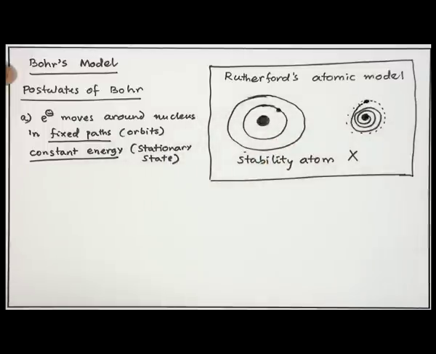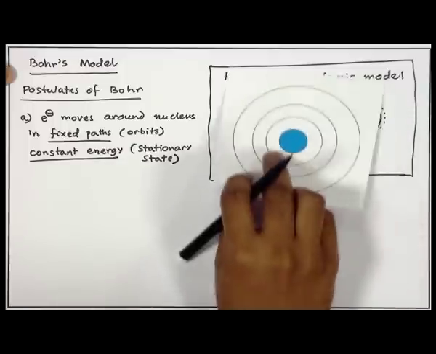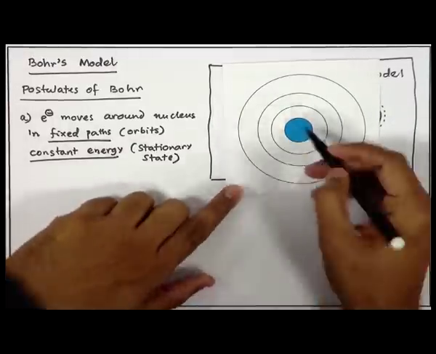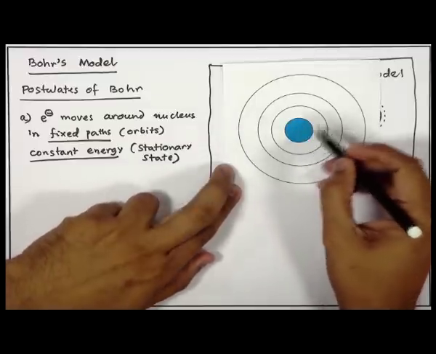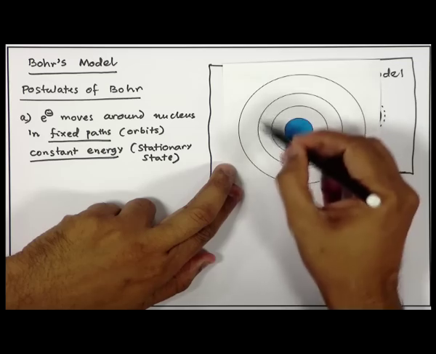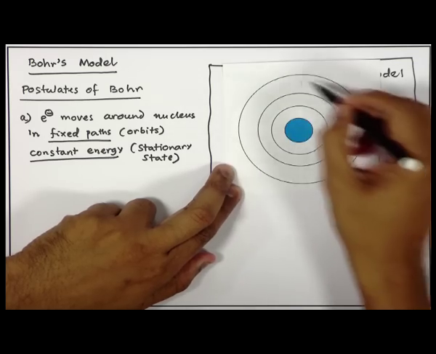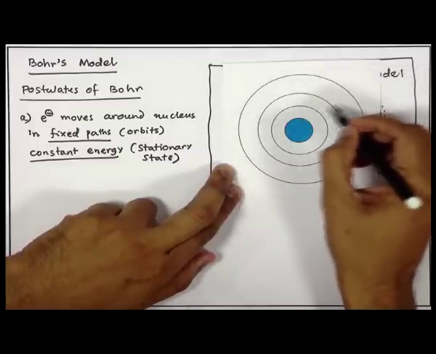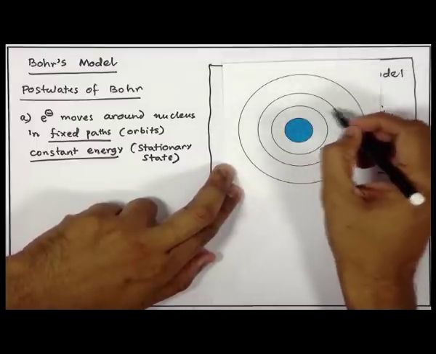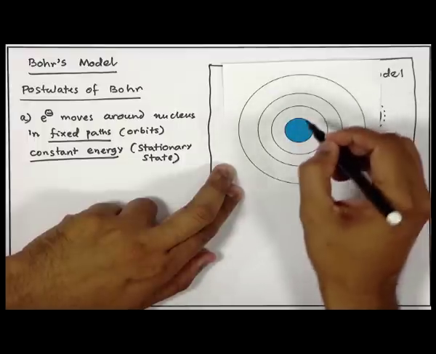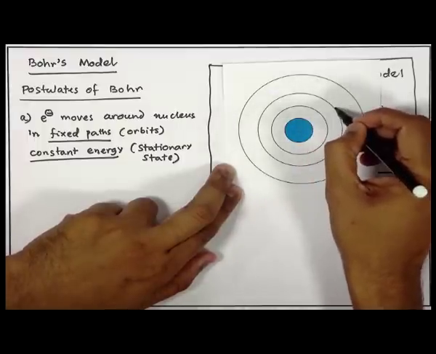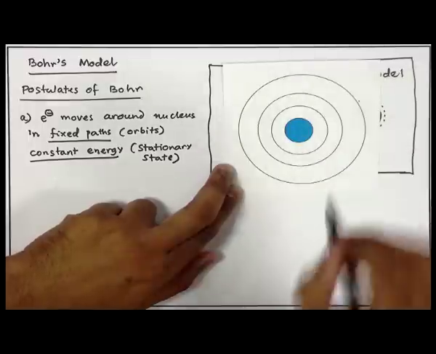So, what Niels Bohr proposed is something like this. The nucleus is at the center, and the electron goes around the nucleus in concentric circles. There you can see many concentric circles. These are fixed orbits, each orbit has a certain energy, and the electron can choose to stay in this orbit or this orbit or this orbit.